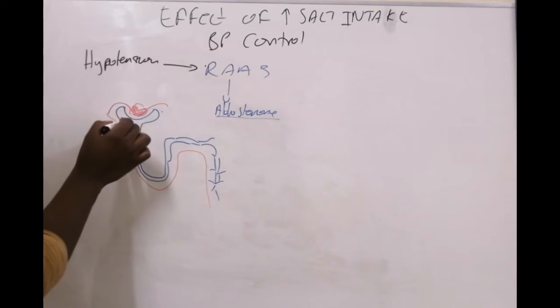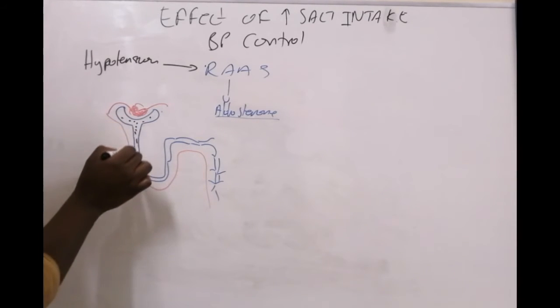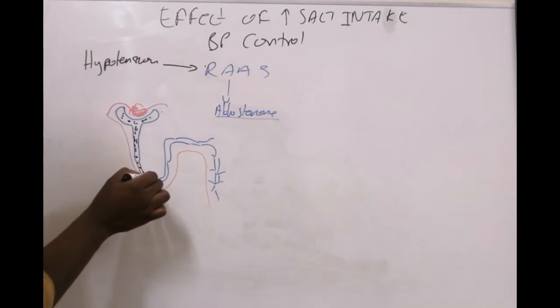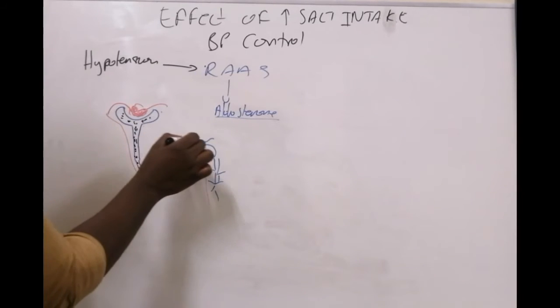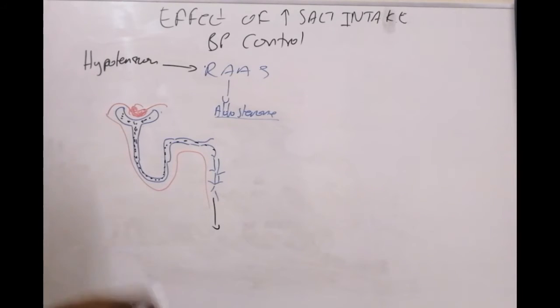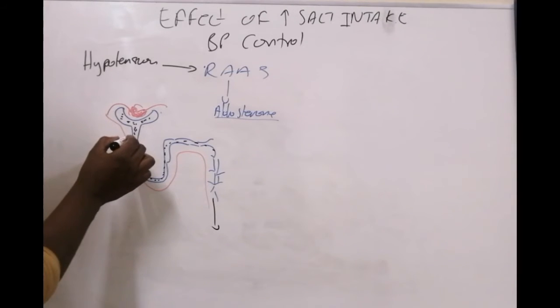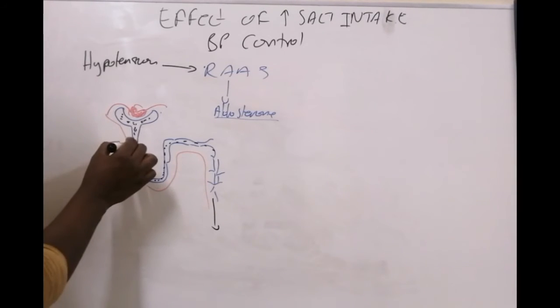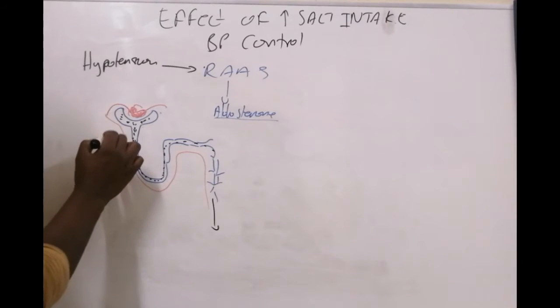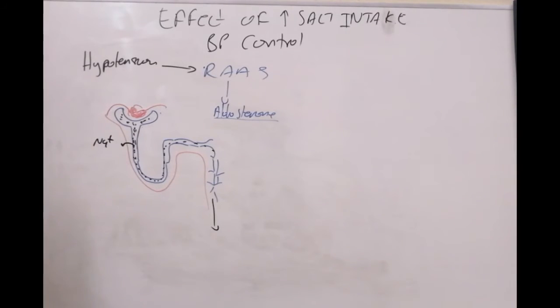What it's going to do is that, as part of the filtrate there, you get sodium that enters the nephron itself, and this sodium is going to be excreted in the urine. But when aldosterone comes, it's going to make sure that sodium is absorbed back into the circulation.